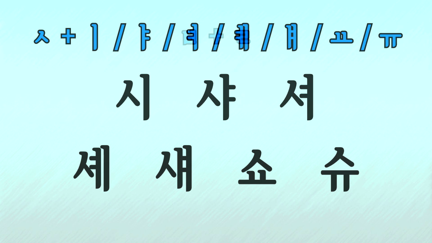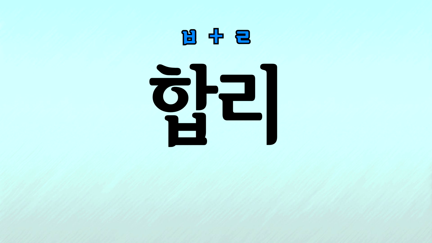Here's our next rule. For this rule, whenever you have a pieup that's followed by a rieul, the pieup will become a mieum, and the rieul will become a nieun. So take a look at this example. Here we have hap, which ends in a pieup. The next syllable is li, which starts with a rieul.